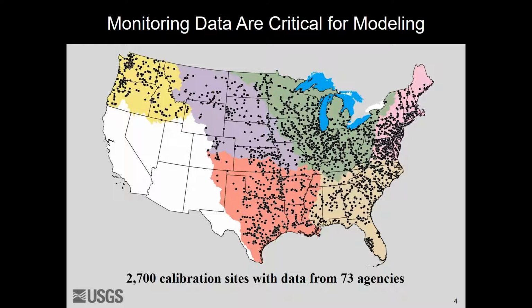The challenge of all that is that there's quite a bit of, I'd say, inconsistency in how the data are reported and documented. That limits what you can do with much of the data, and so it also limits the usefulness of that data as well. And so that illustrates the need for greater coordination among monitoring agencies and for organizations like the National Water Monitoring Council.